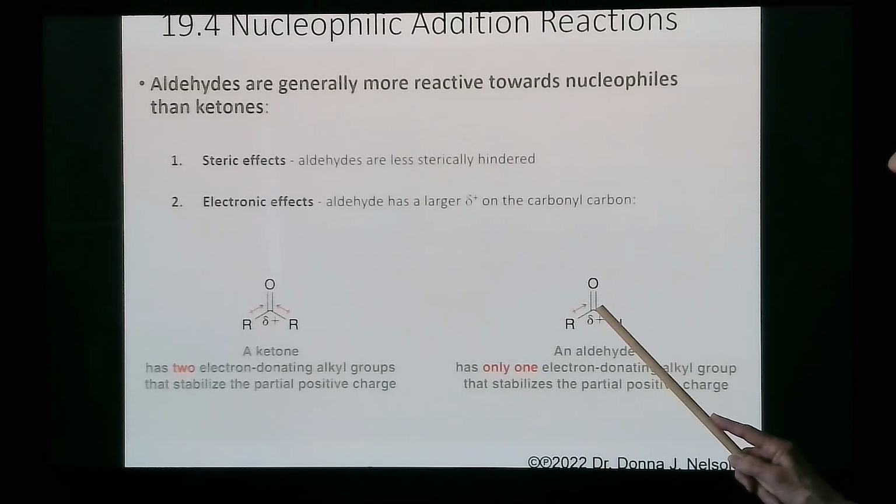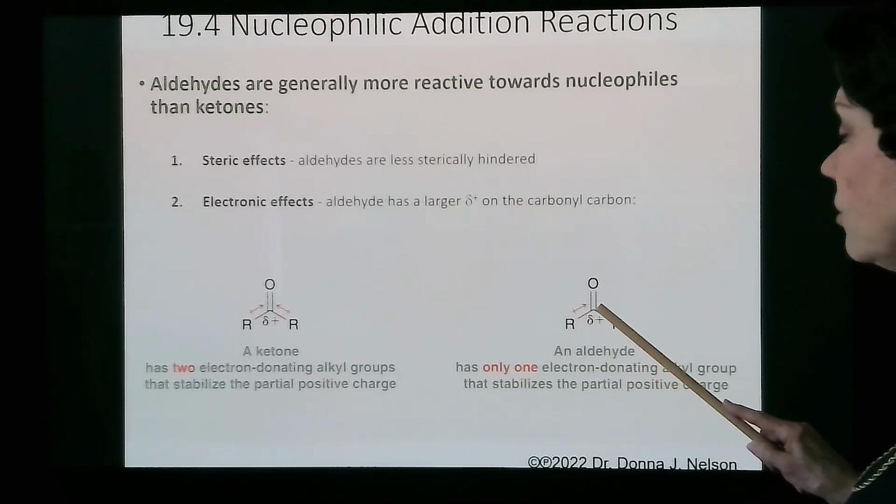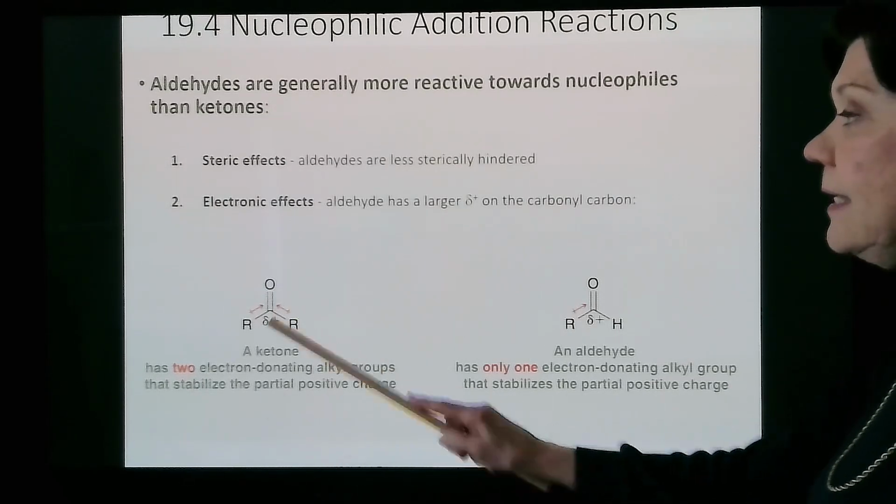This partial positive carbon will be partially satisfied by one alkyl group donating electron density to carbon. And so the aldehyde is going to bear a lower partial positive charge than the ketone.